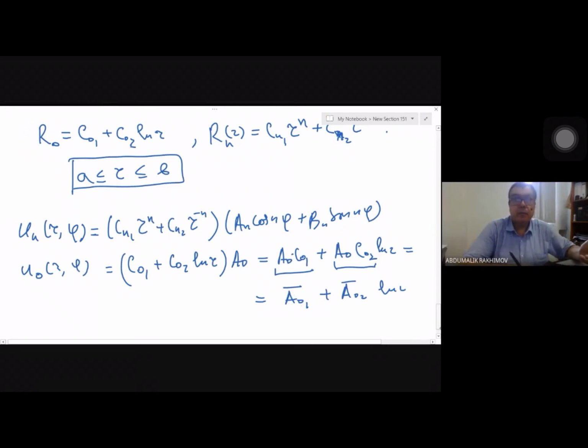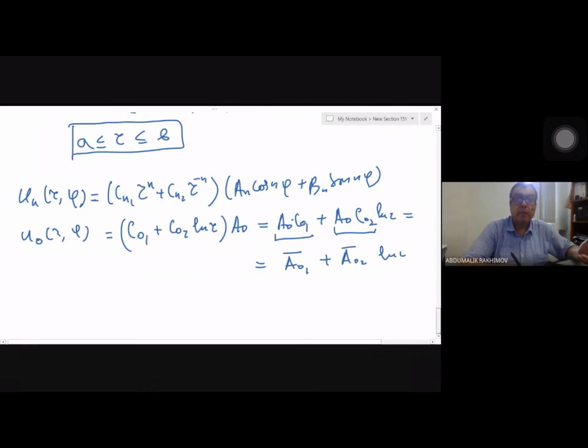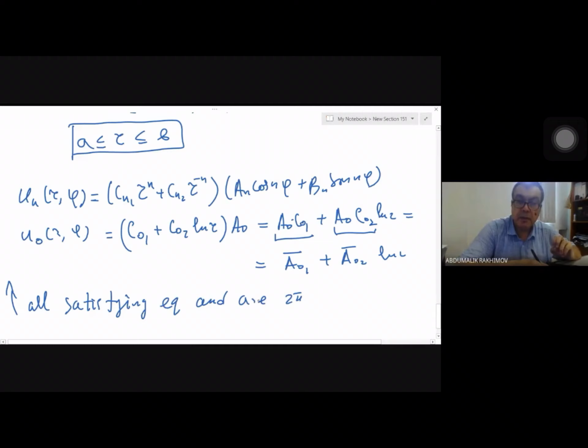Not cap bar. So what we can say about these functions: all of them satisfy the equation, and all of them are 2 pi periodic. That's what we can state.